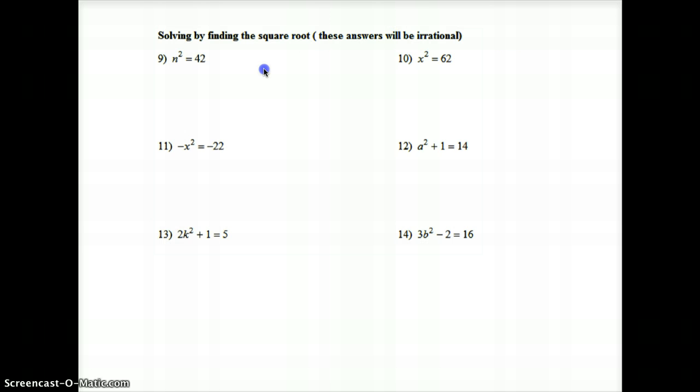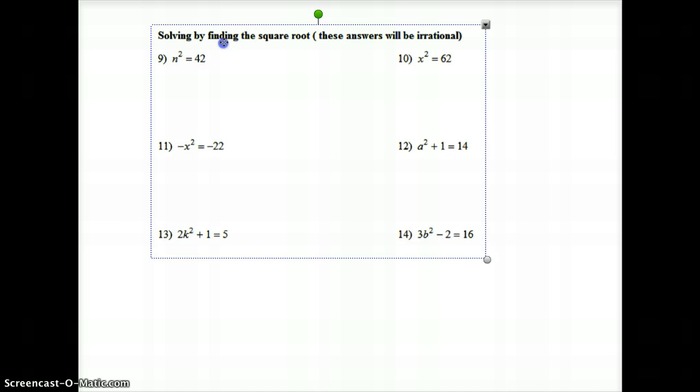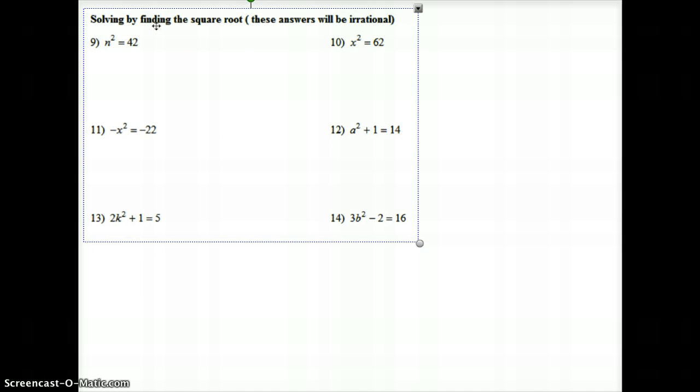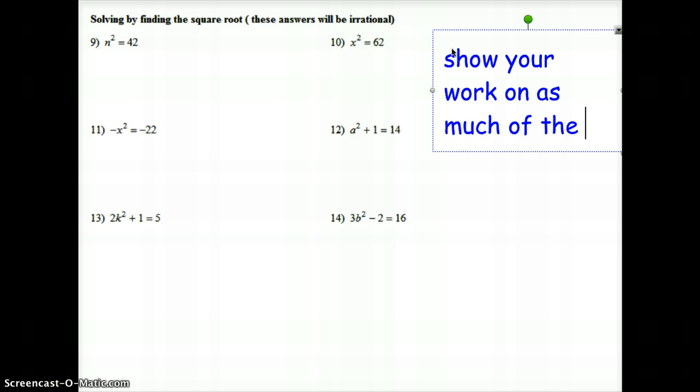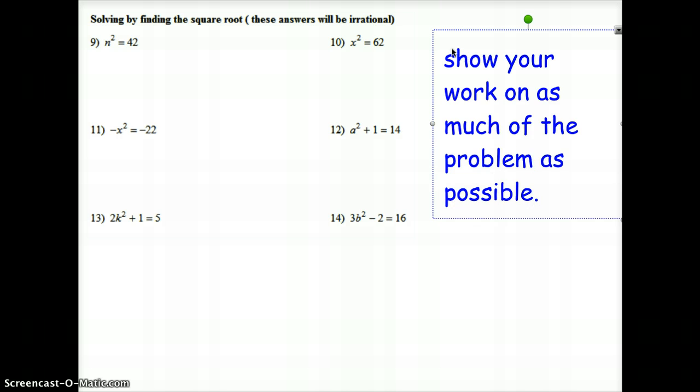And these are a little bit trickier, okay? If you don't get to the exact answer, that's okay. You should be able to show your work on as much of the problem as possible. Okay. Again, for this first one, square root both sides. That's all you get. That's fine. Here, get rid of that -1 in the front.